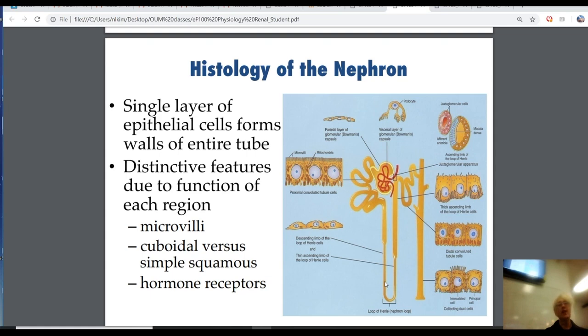Epithelial cells are everywhere in our body. But some of the distinctive features that distinguish those epithelial cells from, say, our epidermal epithelial cells is that these have microvilli, cuboidal versus simple squamous. Cuboidal is just the shape of the cell, but the shape also dictates certain functions, so that's important to note.